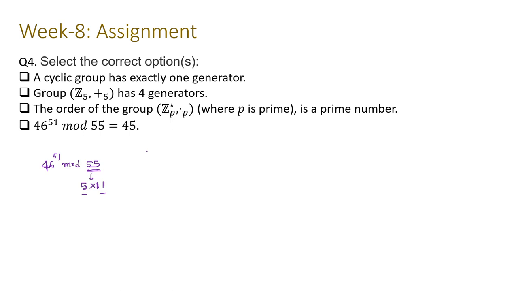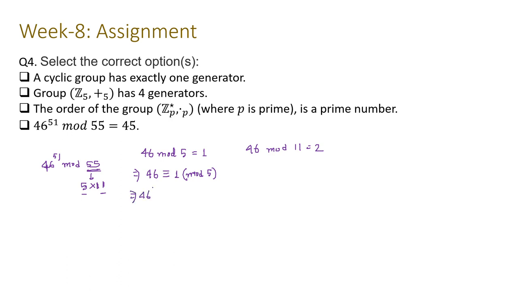Now you observe that 46 mod 5 is 1, right? And 46 mod 11 is 2. In other words, I can write 46 is congruent to 1 modulo 5, just another way of writing.